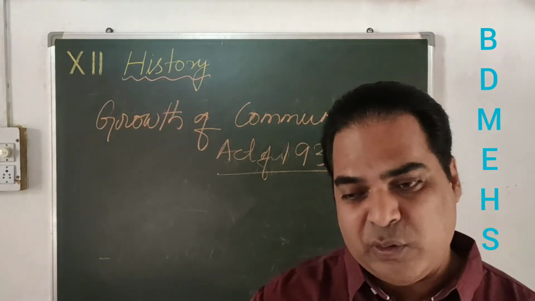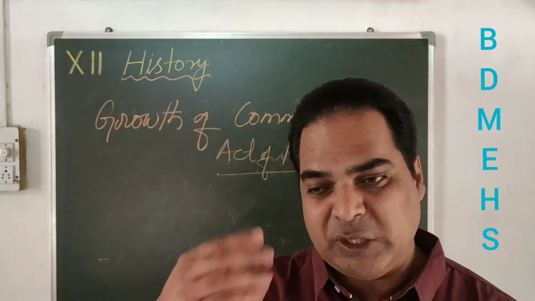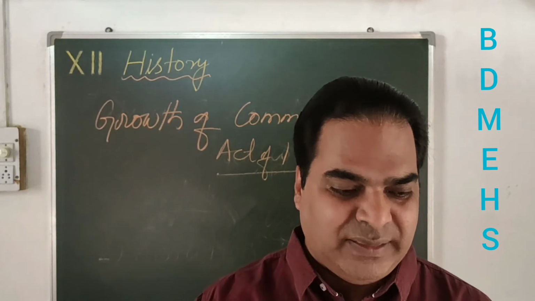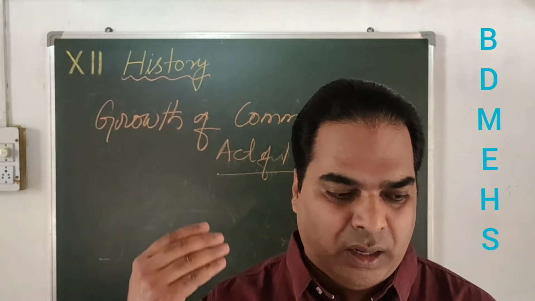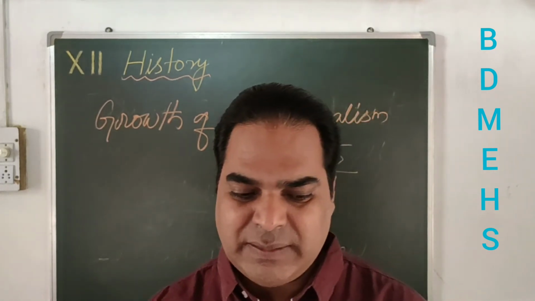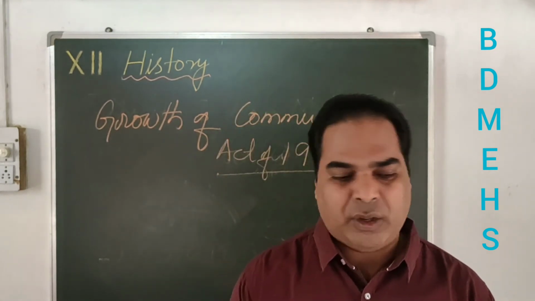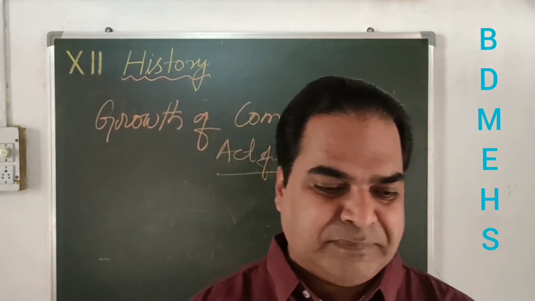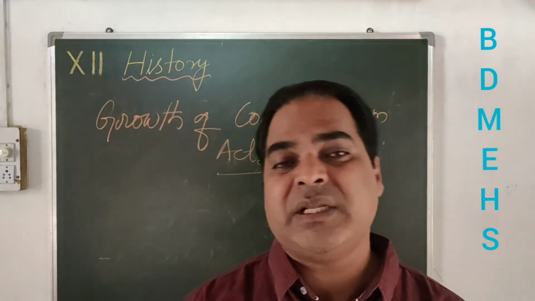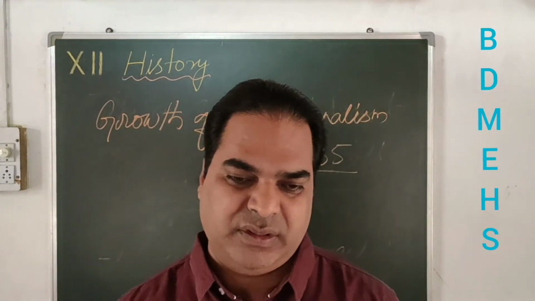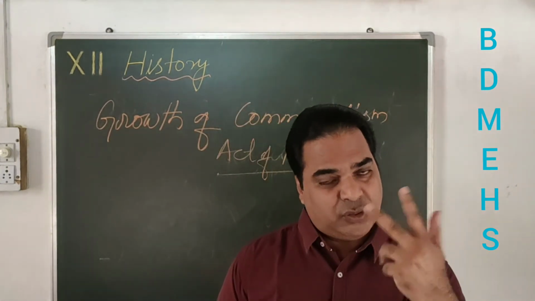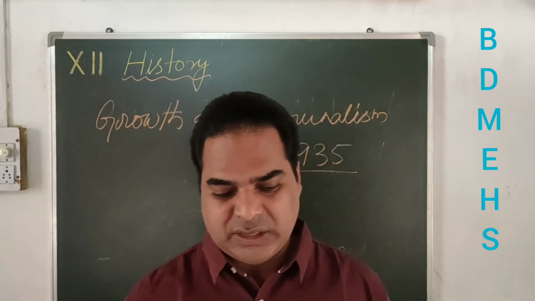Even in the Lahore session, they took a resolution. They started demanding a separate state for the Muslims. Why? Because Hindus and Muslims were two nations. That is why they wanted to have a separate state.